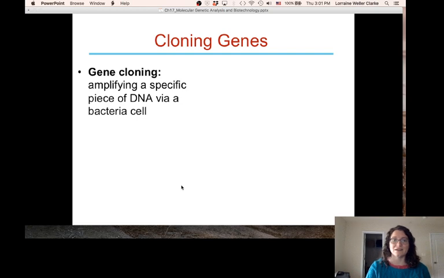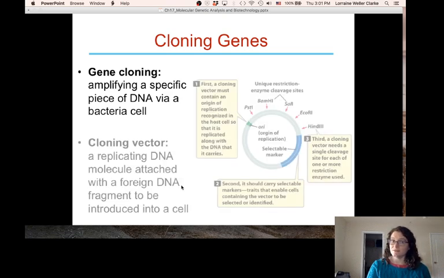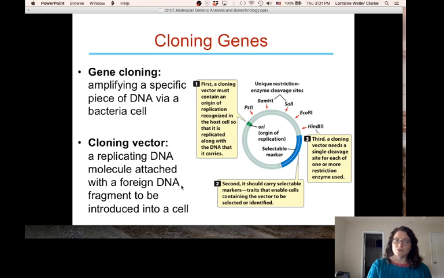All right. So gene cloning. You want to amplify a specific piece of DNA via a bacterial cell. So you need a cloning vector, okay? It's a molecule attached with a foreign DNA fragment to be introduced into a cell.